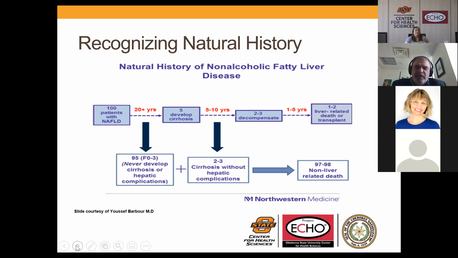When you look at the numbers, you say, well, it's only 1 or 2 out of 100. The problem is that NAFLD is so prevalent that even when the poor outcomes are only 1 or 2 patients out of 100, it really does have an impact on your health system and on your population.